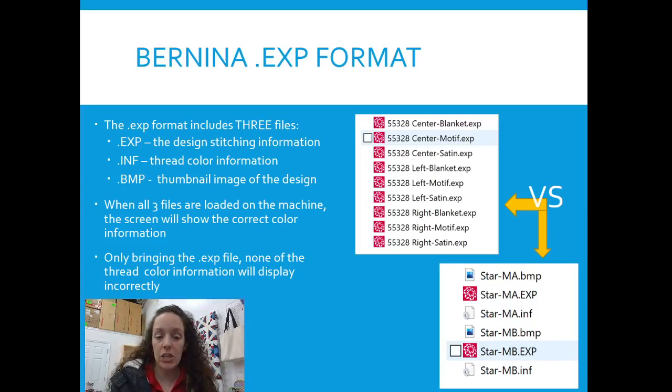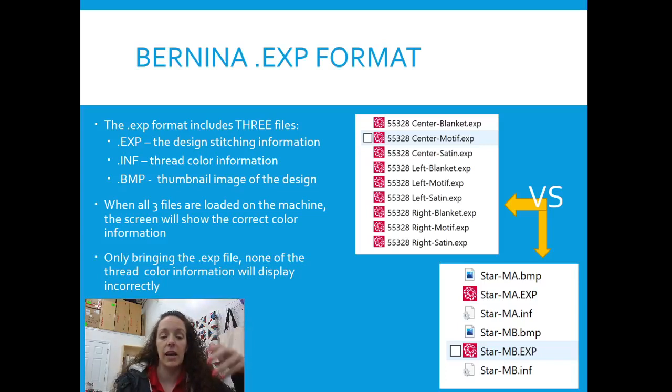This is the information that tells the machine to show you this color is the next color stop in terms of put in Isacord 1902, and it shows it to you in that red color. And then there is the file extension that has .bmp after it, and that is the thumbnail image that the sewing machine uses to show you what the design looks like in those colors.